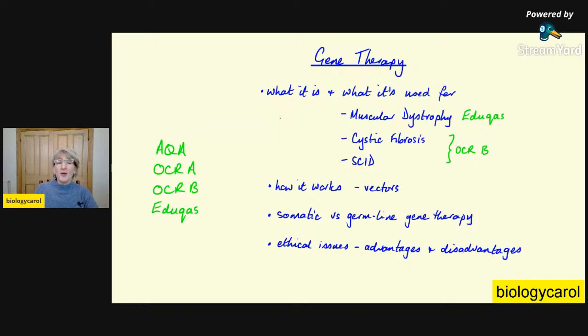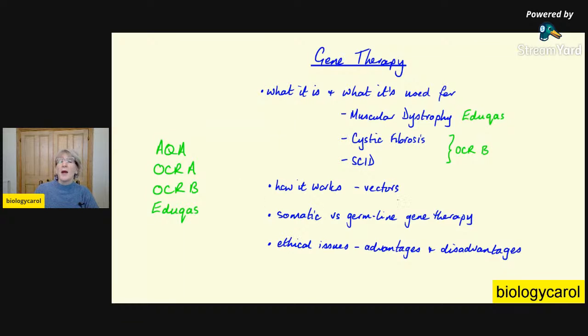Okay, so we are going to go through what gene therapy is and what it's used for. For those lovely EDUCAS students, we're going to talk a little bit about muscular dystrophy. And for those OCR B students, we're going to talk a little bit about cystic fibrosis and severe combined immunodeficiency, SCID.